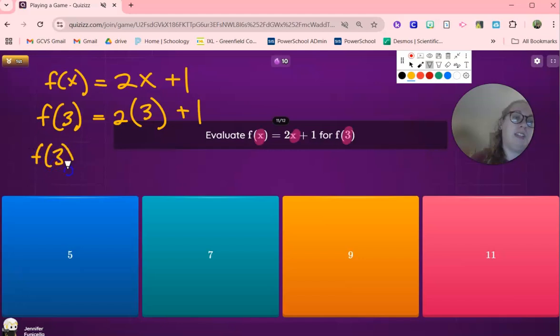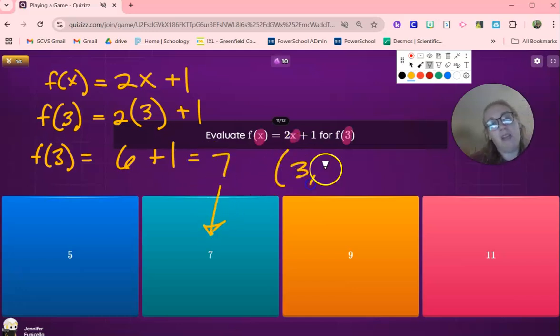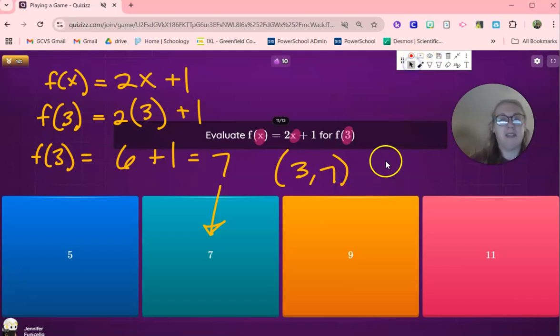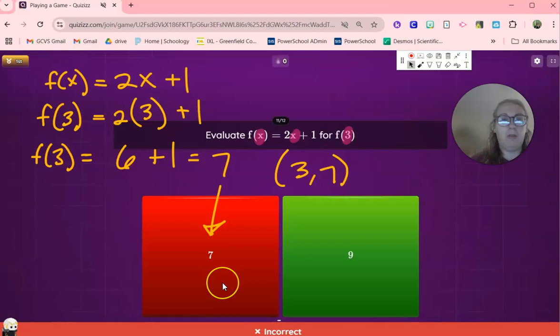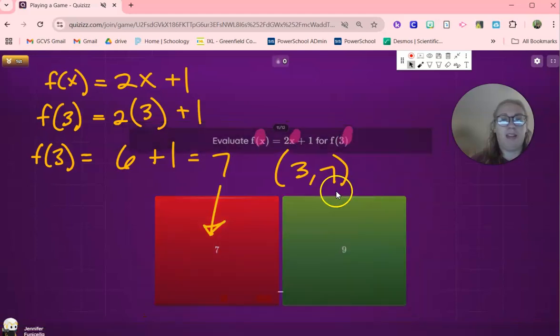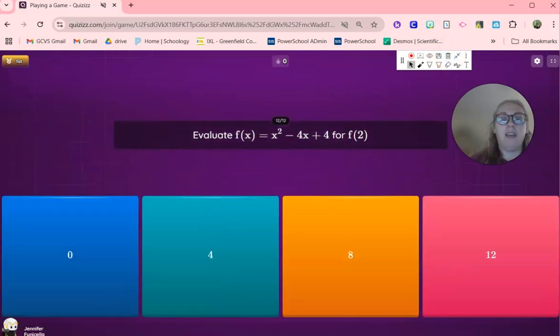Order of operation tells us to do multiplying first. 2 times 3 is 6, and 6 plus 1 gets us 7. So when you plug in a 3, we get out a 7. Input, output. Beautiful. Whoa. I'll fix that. Don't worry.